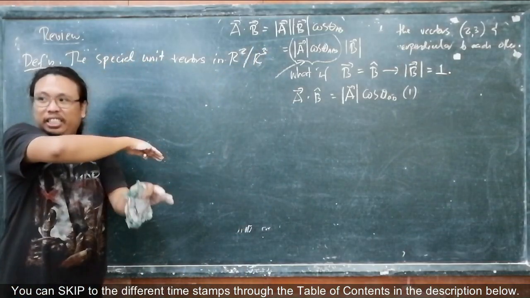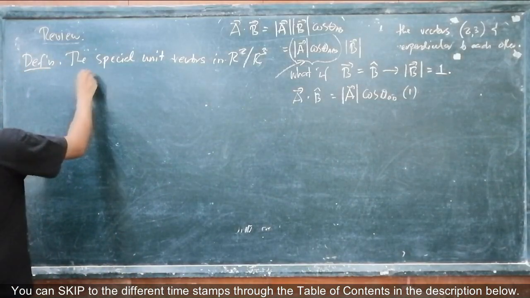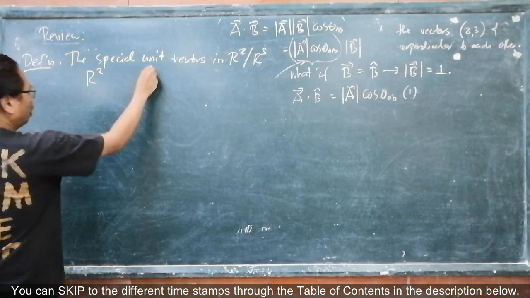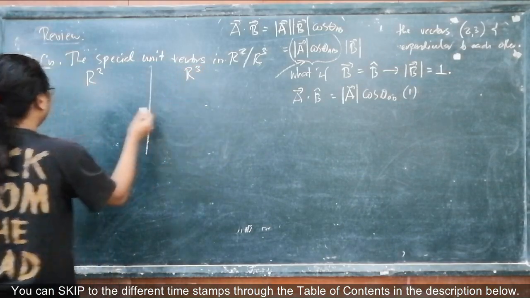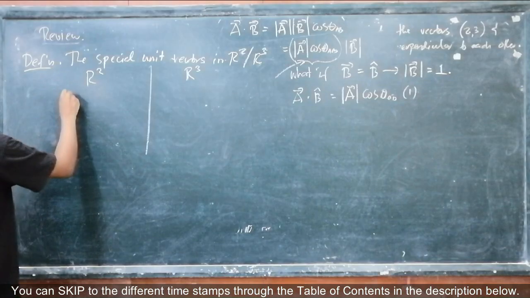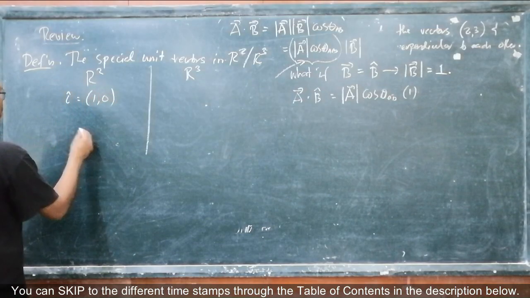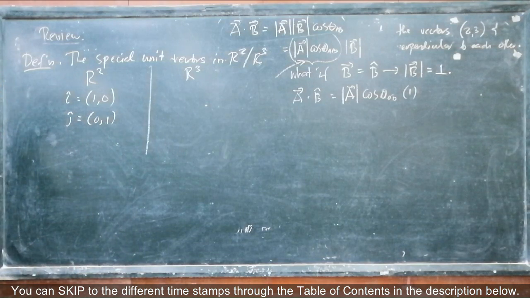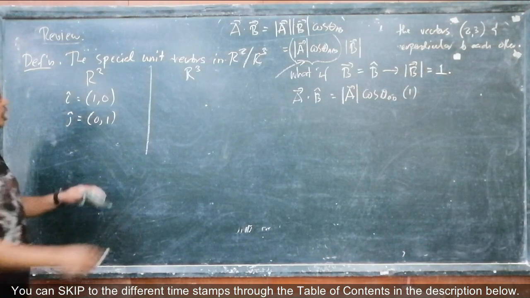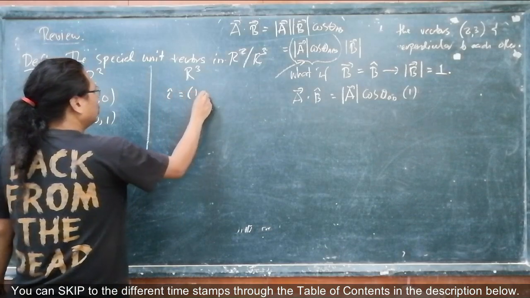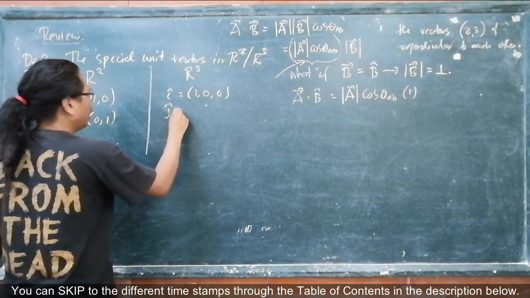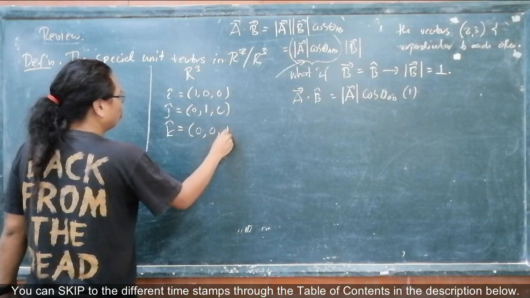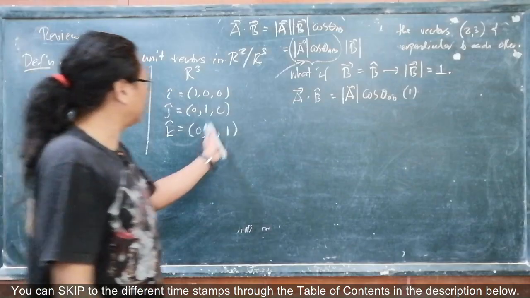R3 is XYZ. R2 is the two-dimensional plane, where we only have I and J. I hat is 1, 0, and J hat is 0, 1. In R3, I hat equals 1, 0, 0, J hat equals 0, 1, 0, and K hat is 0, 0, 1.